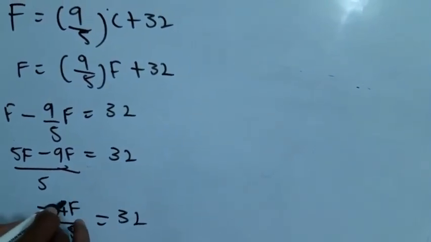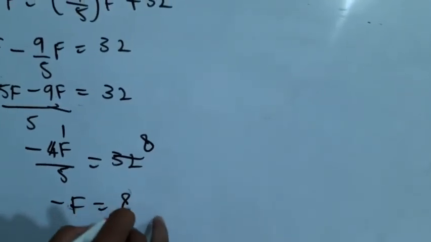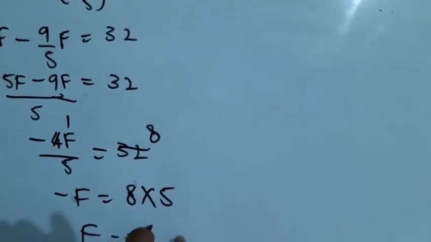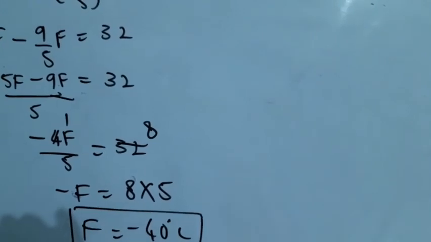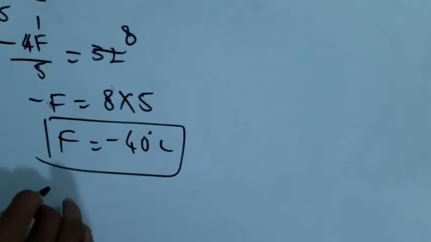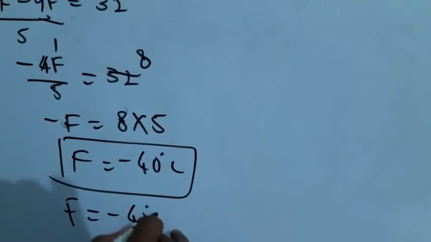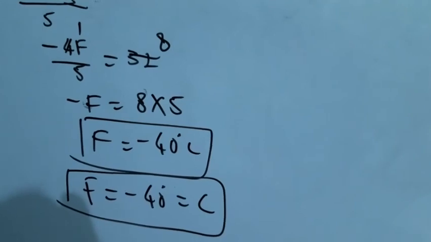Now 4 eights are 32, so minus F is equal to 8 into 5, or F is equal to minus 40. So at F is equal to minus 40, which is equal to C, at minus 40 degrees, both F and C will be the same.